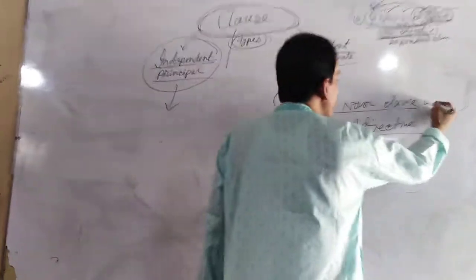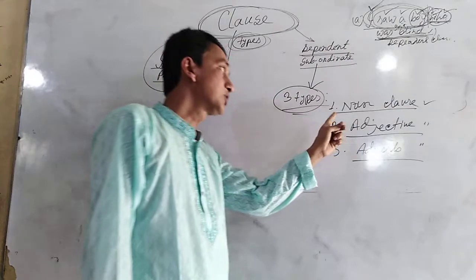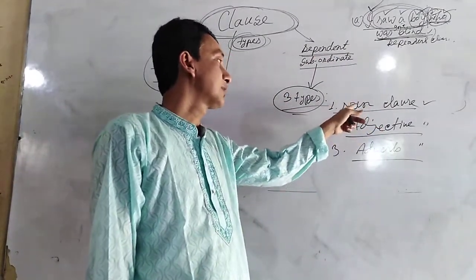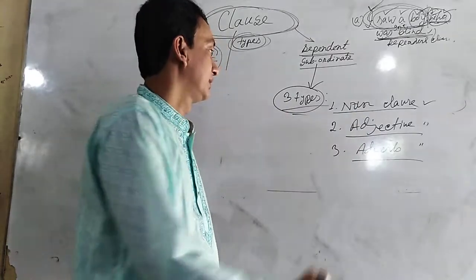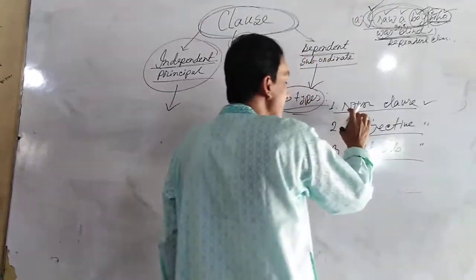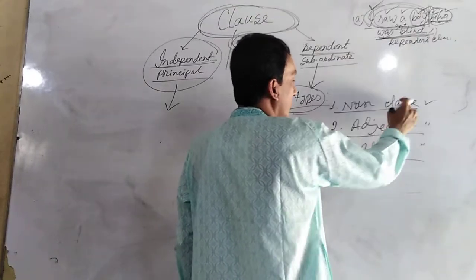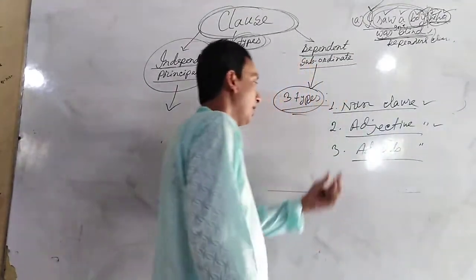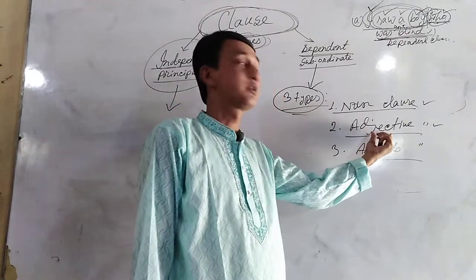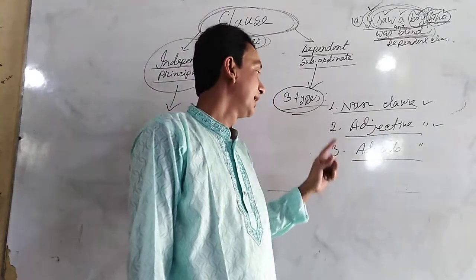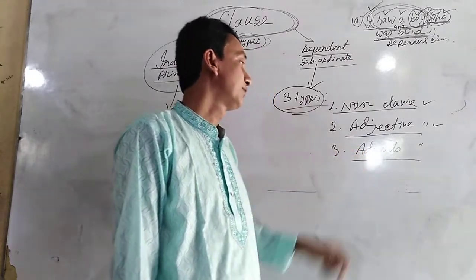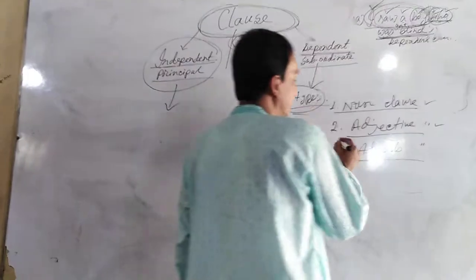What is noun clause? Noun clause is a subordinate or dependent clause, and it functions like a noun. When a clause functions like a noun, it is called noun clause. An adjective clause is a clause which functions like adjective. An adverb clause is a clause which functions like adverb.